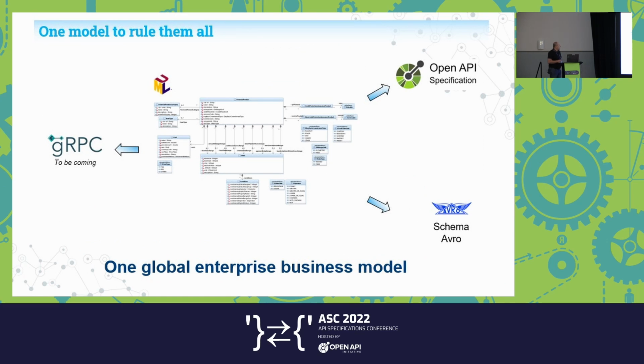Okay, once more. We have a formal UML model, but it's also used, not yet for gRPC, but already for the other schema. From the same model, we're able to generate a set of Open API specification, but also a set of Avro schema.